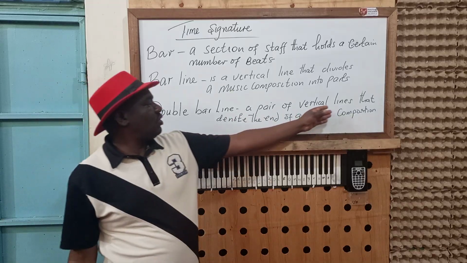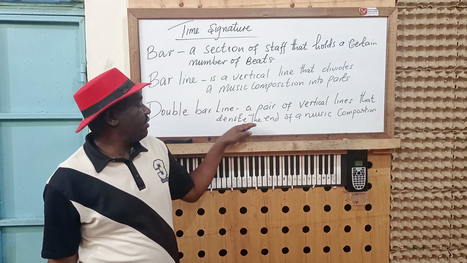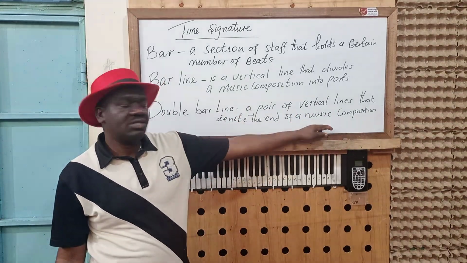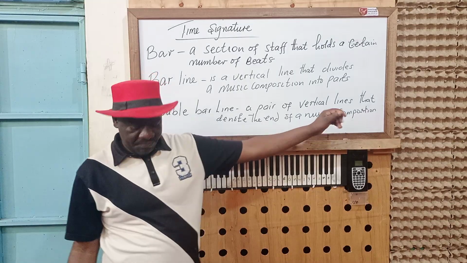A pair of vertical lines that denote the end of a music composition.